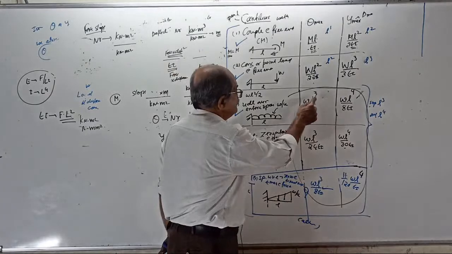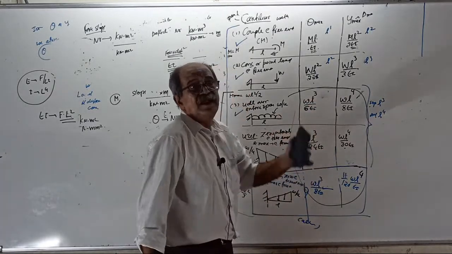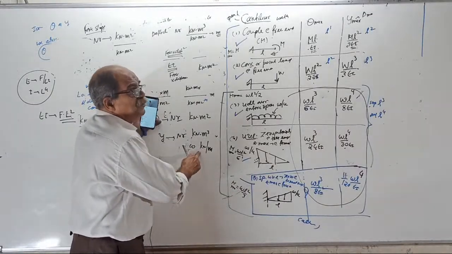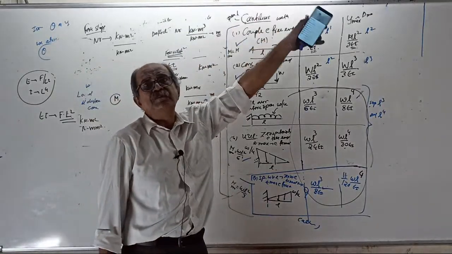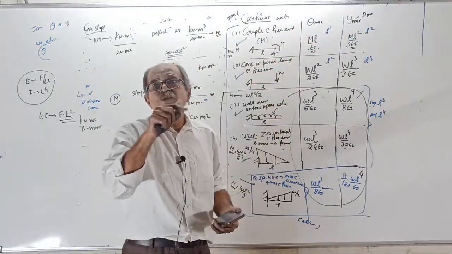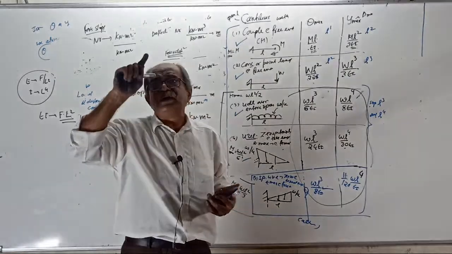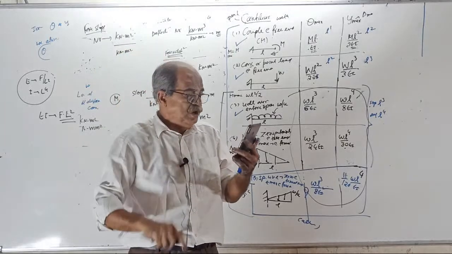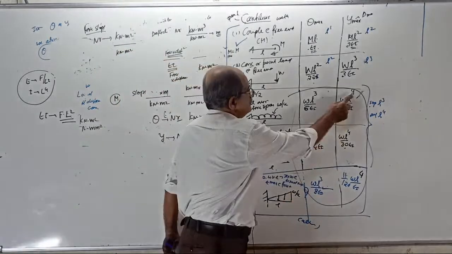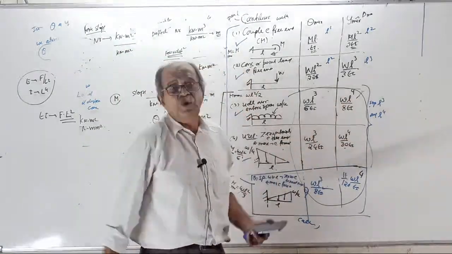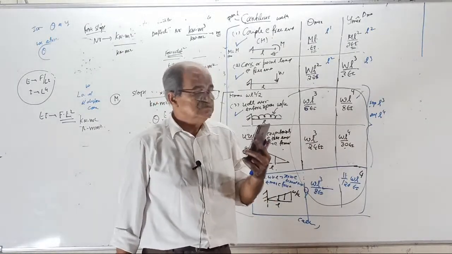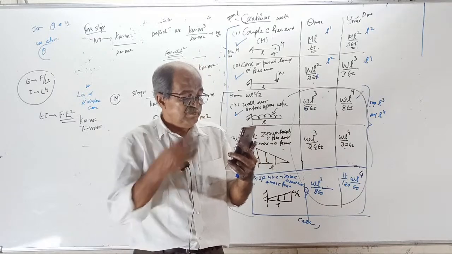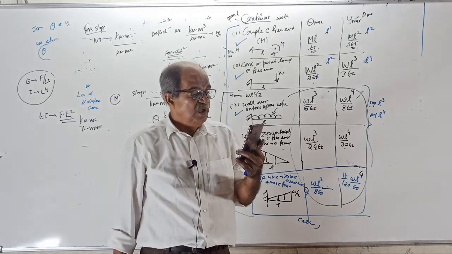And for deflection, kilonewton per meter is W. To make it kilonewton meter cube, you require power 4. Full clear? Full clear or not?